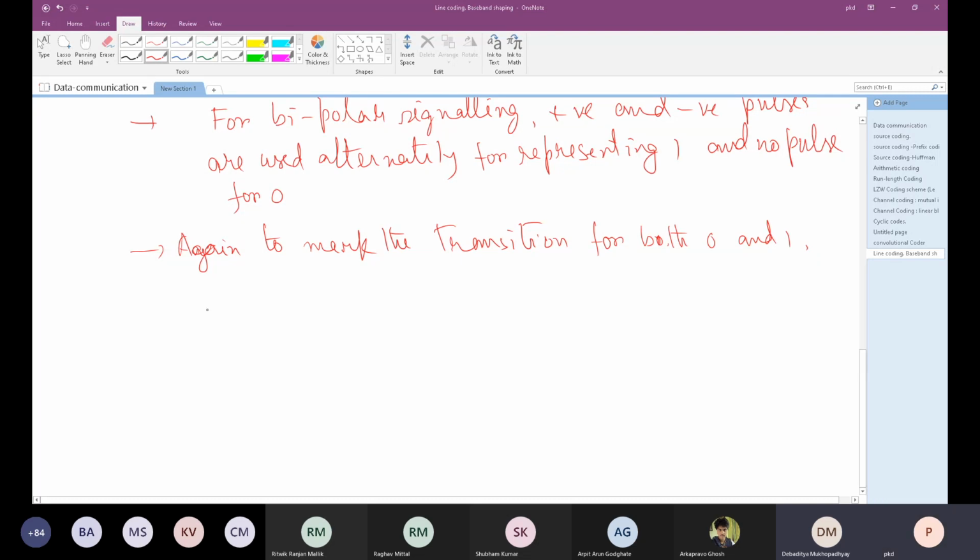A signaling method called return to zero.